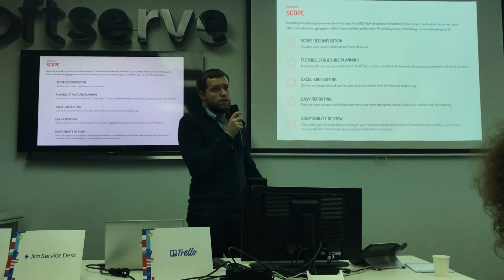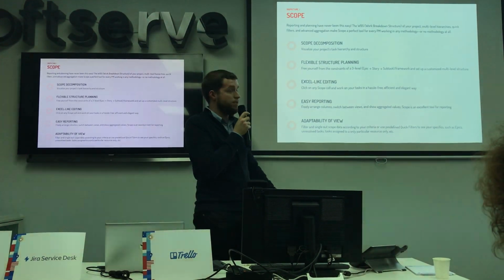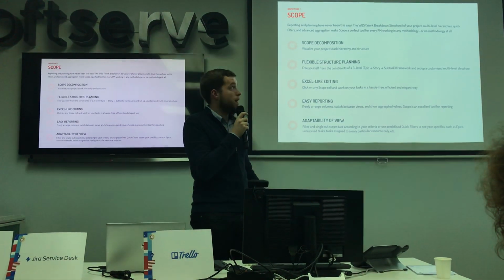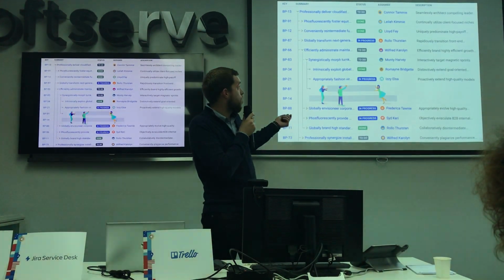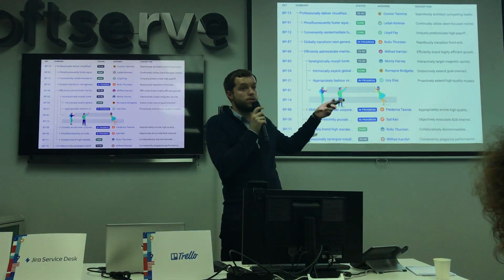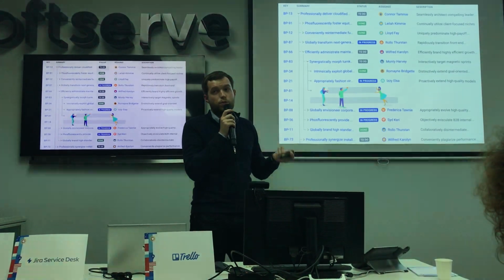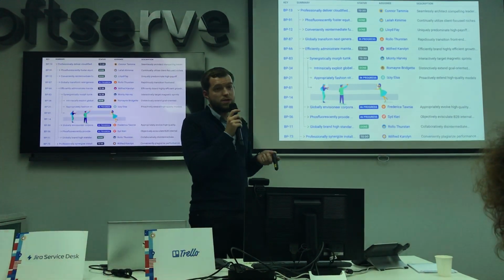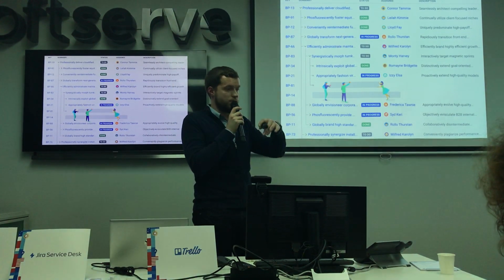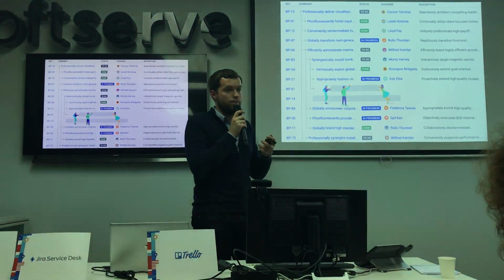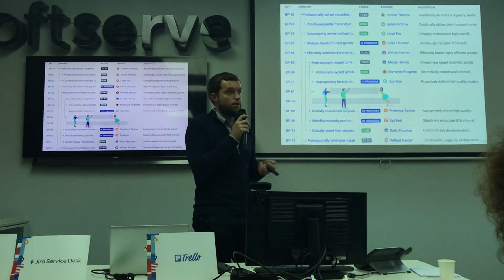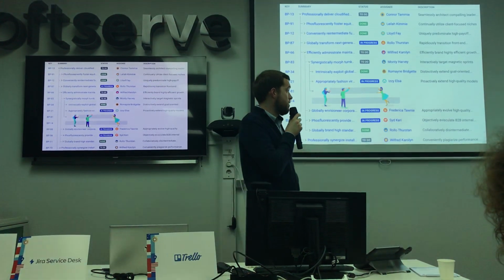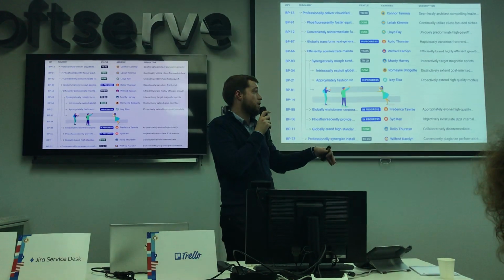Scope is just a handy tool to see all the tasks you have and what to do with them. All the statuses, responsible person. If you need to quickly figure out who's responsible for what thing inside of the several projects, and you have cross-project teams, you have different specialties for these guys.